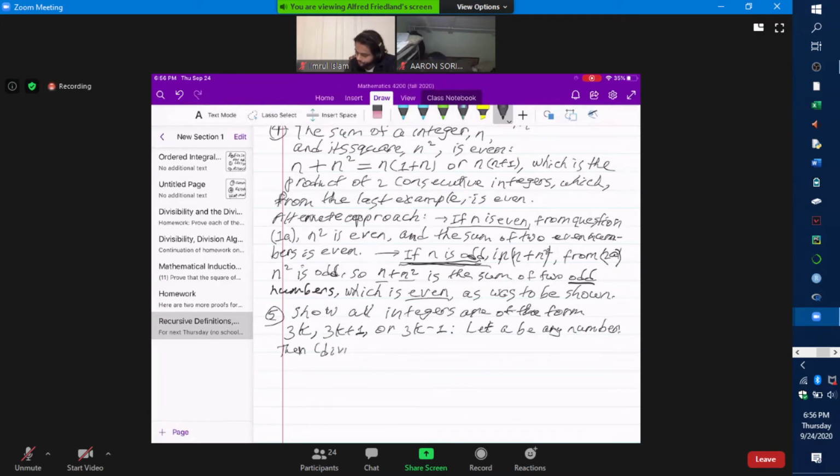So the reason for what I'm going to write is the division algorithm. So again, that's a theorem that you not only may use, but should use. You're not going to start from scratch with that. We have a equals 3q plus r, where if you divide by 3, the remainder r equals 0, 1, or 2.